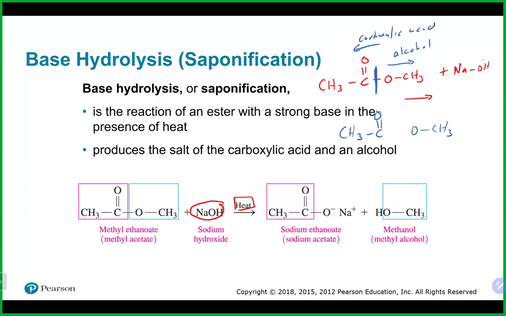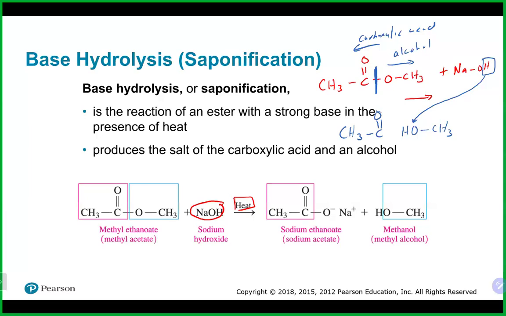And if you want to just kind of keep track of things, we're going to actually take the H there and we're going to use it to rebuild our alcohol. Now, the problem is we're not adding water, which is another H, which is kind of necessary, along with the acid, to make your carboxylic acid because you need to put an OH on it, right?